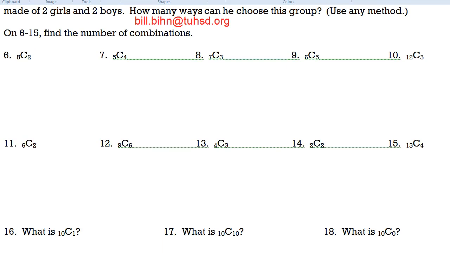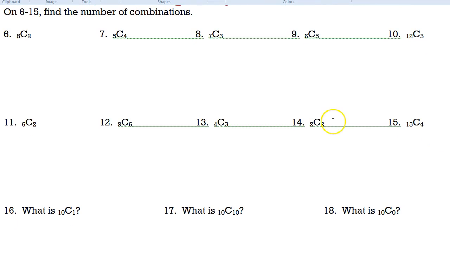Sounds good. So 6 through 15, maybe we'll do 1 more of these just for good practice, and then I'll have you do the rest on your own. So let's say 7C3. There are going to be 3 blanks because you have 7 items and you're going to choose 3. So you have 7 choices, then 6, then 5. But because it is a combination, we're going to do the combination count up.